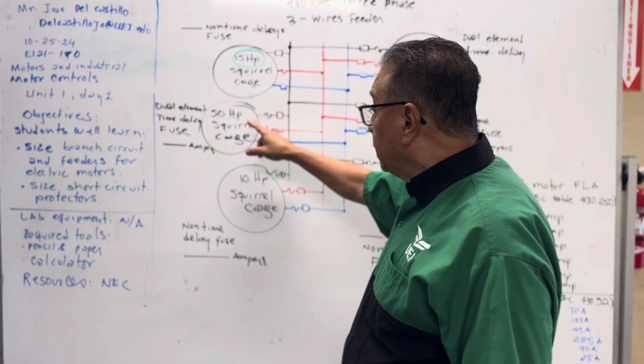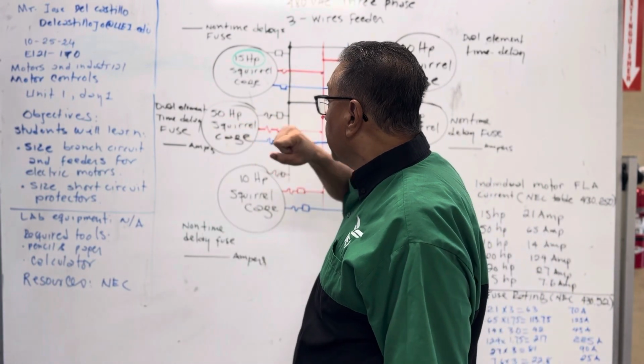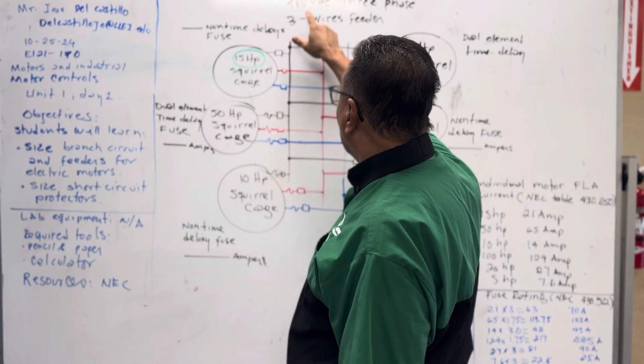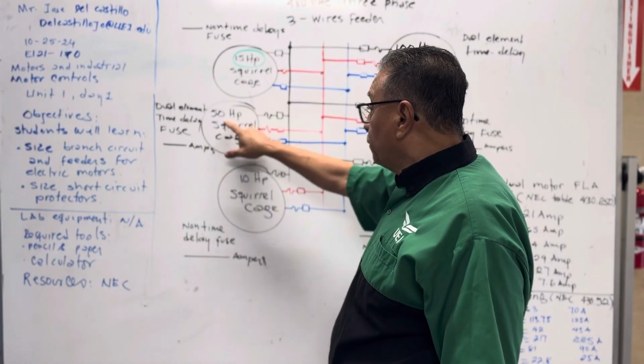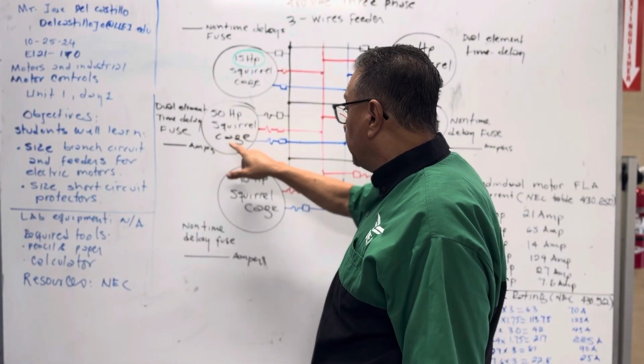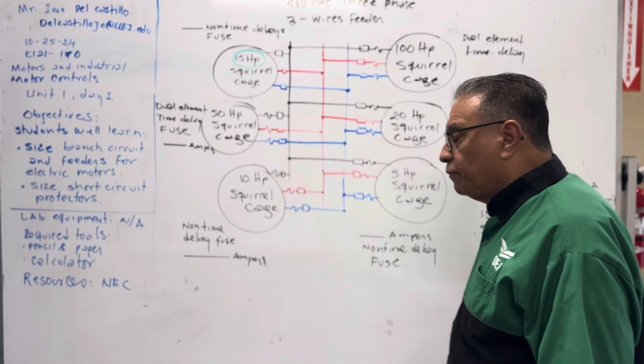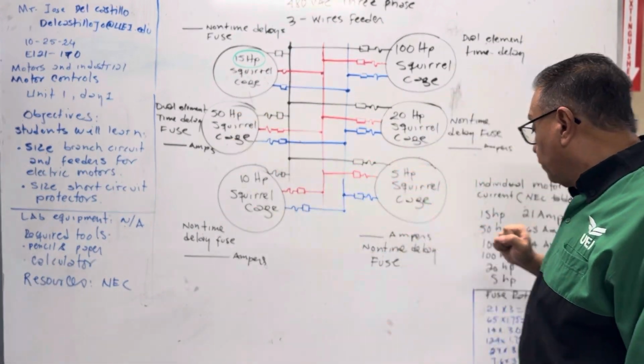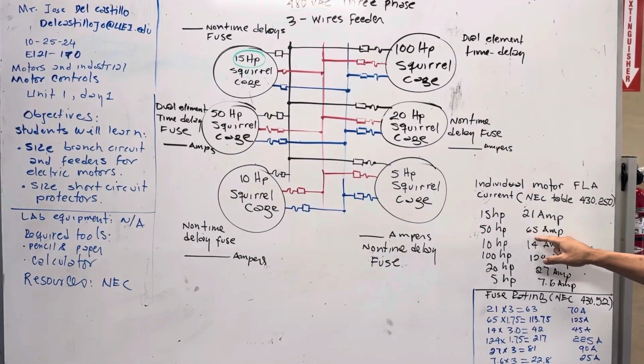For the second motor, 480 three-phase, squirrel cage, 50 horsepower. For 50 horsepower, according to table 420.50, the full load ampacity is 65 amps.